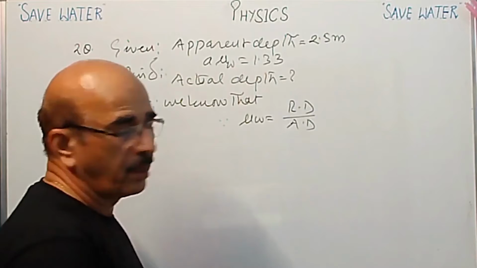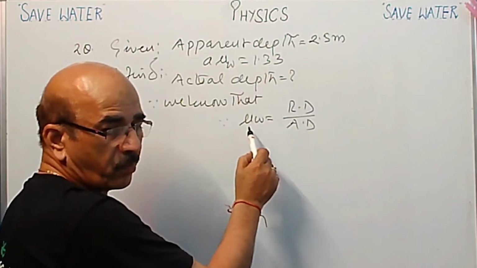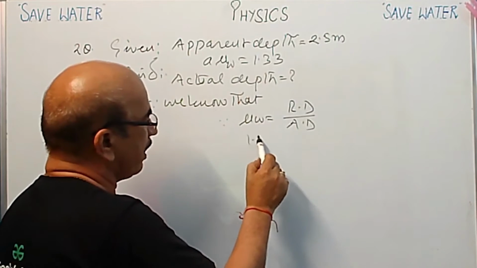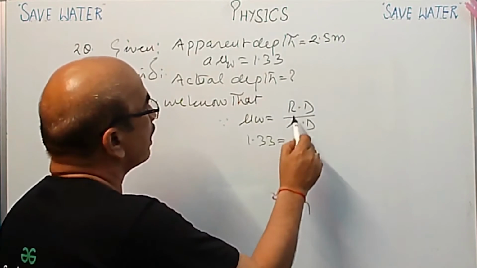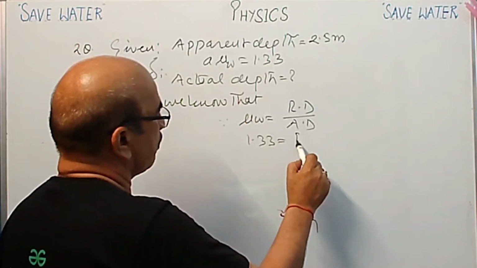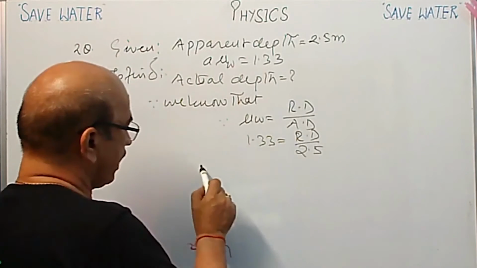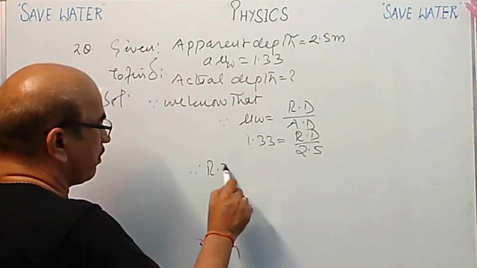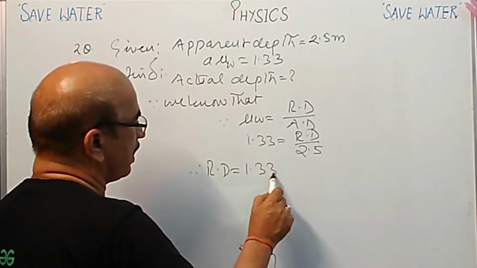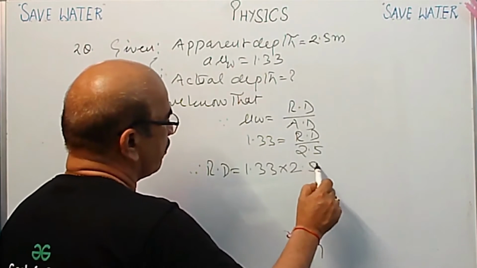Okay. So now what is there? So this is 1.33, and here real depth is what we have to find out, and here apparent depth is 2.5. So therefore real depth will be 1.33 into 2.5.